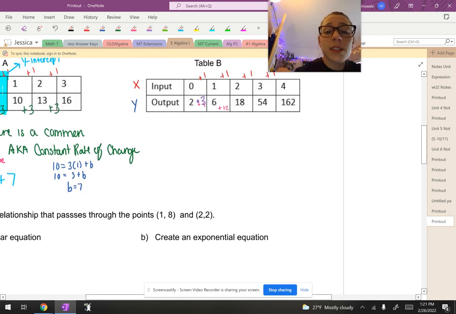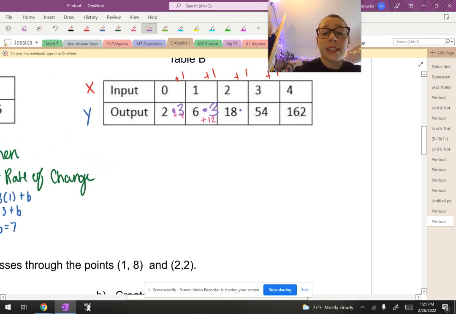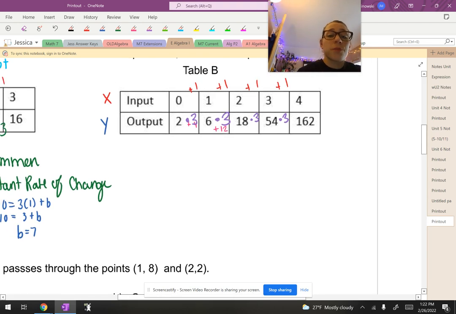But 6 times 3 gets me to 18, and 18 times 3 gets me to 54, and 54 times 3, which I'm just going to check real quick on my calculator because I like to do that, is definitely 162.